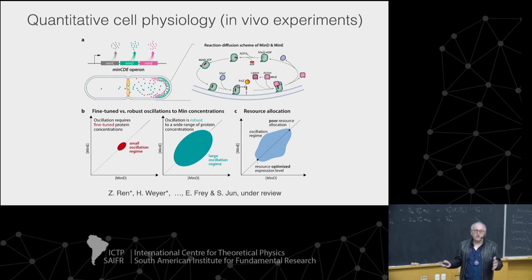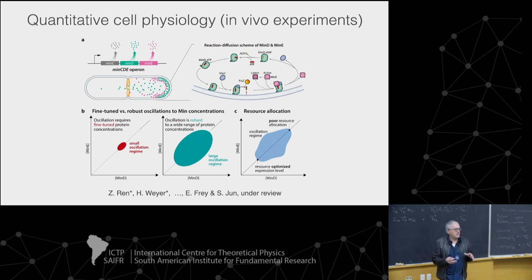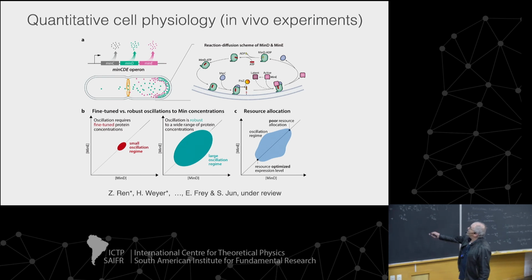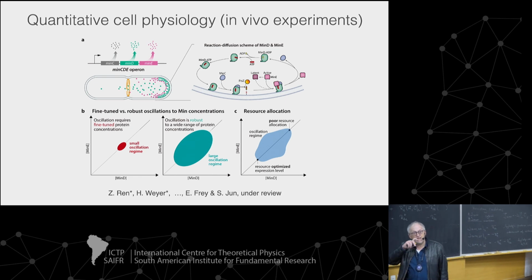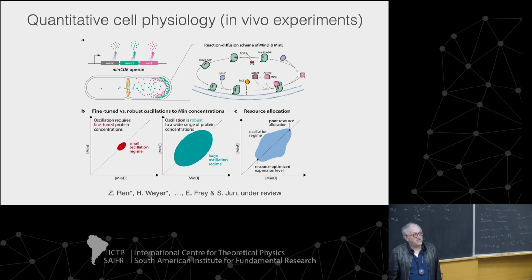Could be, nature through evolution could have found a spot, and this one could be fine enough to make the system faithfully divide into daughter cells. What you could also have is oscillations over a very, very large range of parameters, and the system is super robust against any kind of fluctuations that you might have.